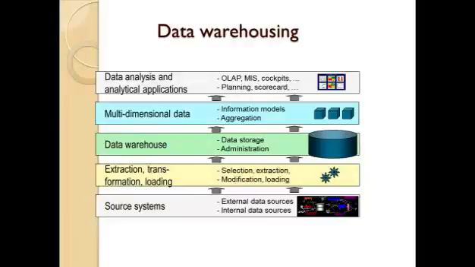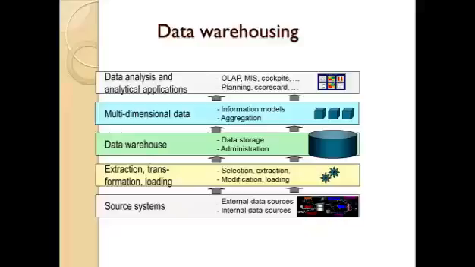So if a company decides to build a data warehouse for their business intelligence efforts, then what does it involve? As shown in this slide, to build a data warehouse, you need to have some source systems.